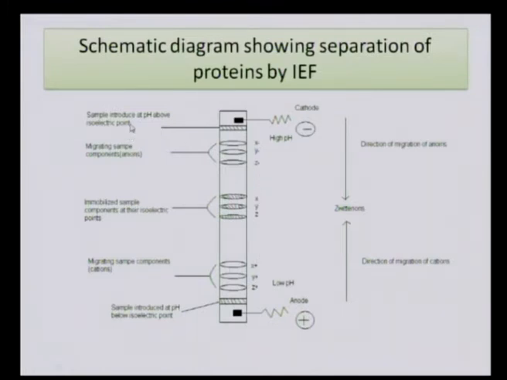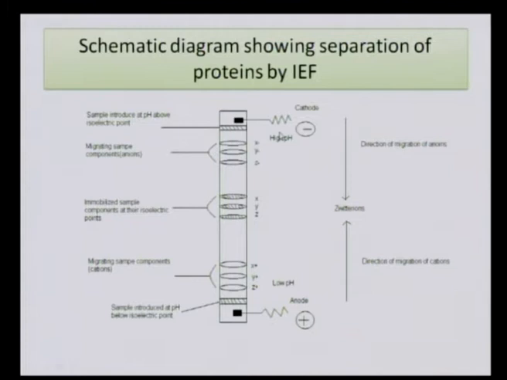Similarly, when you introduce the protein mixture at high pH, the proteins will get a net negative charge. When you allow the current to flow through this strip, these negative ions, that is the anions, will move towards the anode.